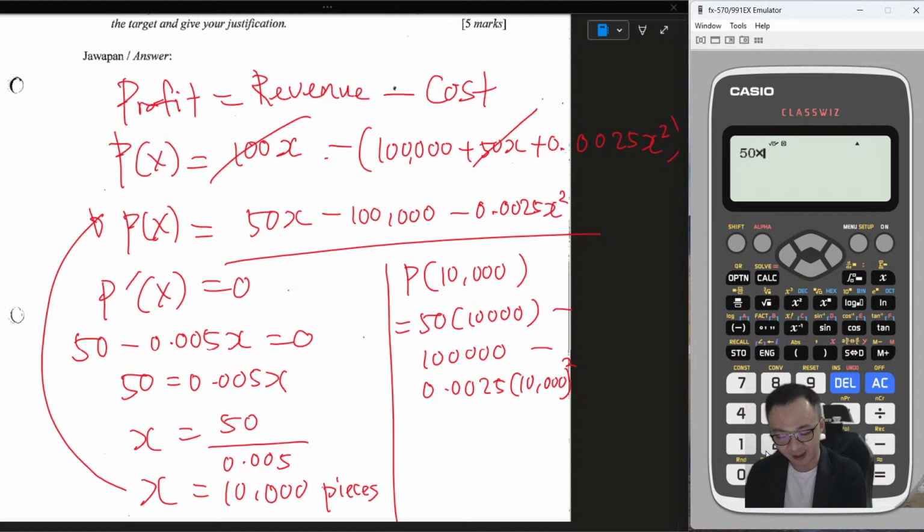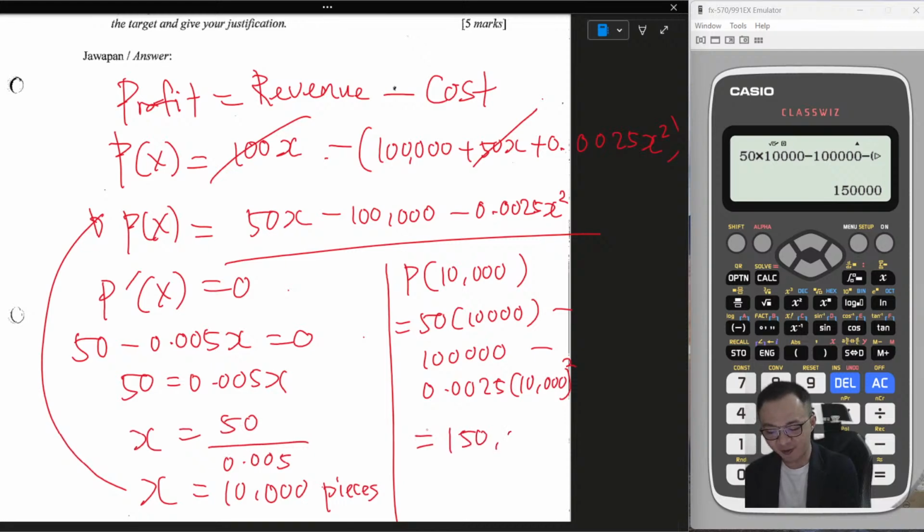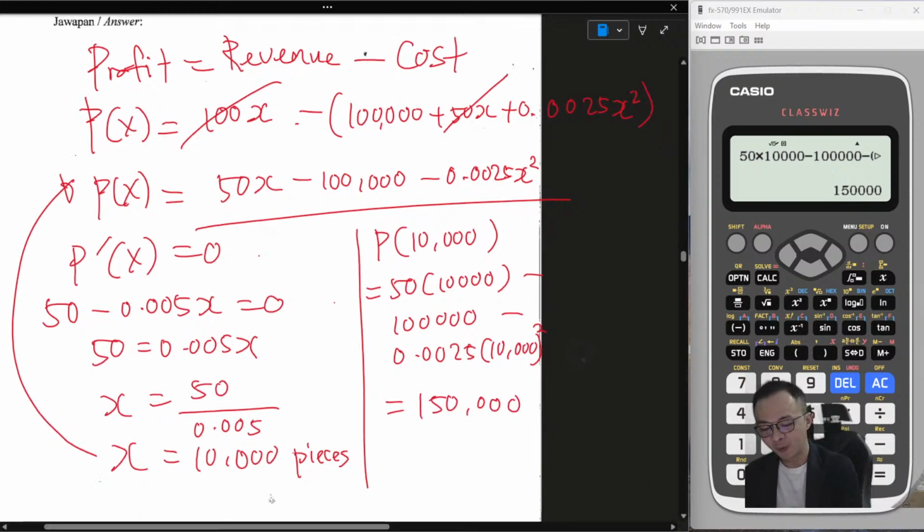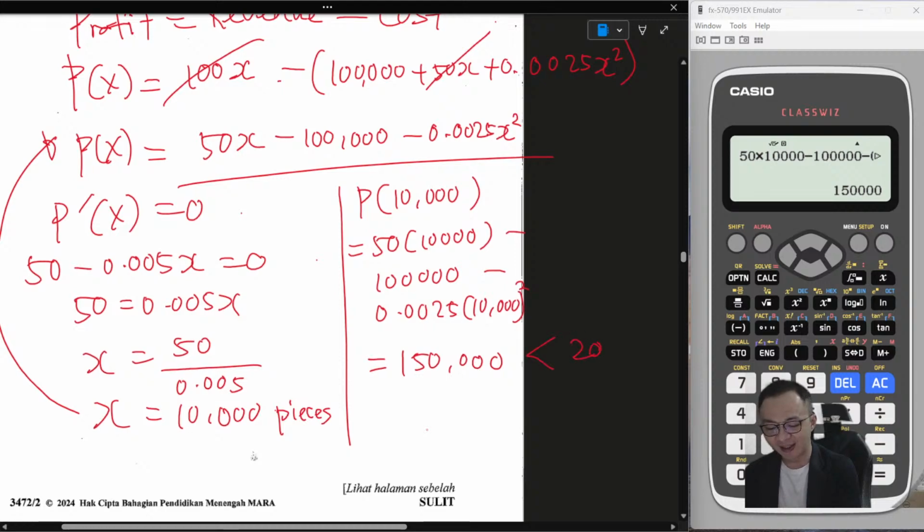Okay, type the entire thing into the calculator. So the maximum profit is 150,000, which is below the target of 200,000, isn't it?